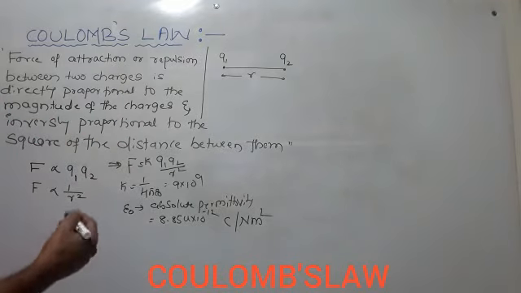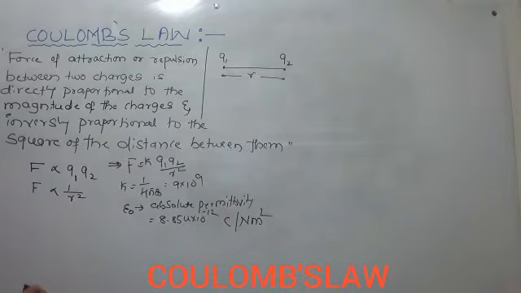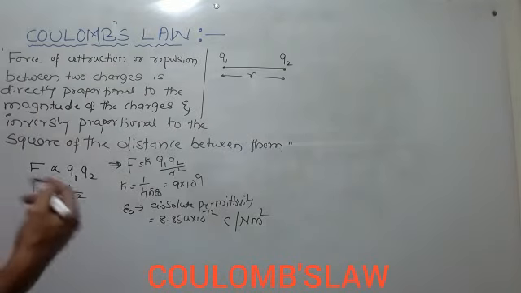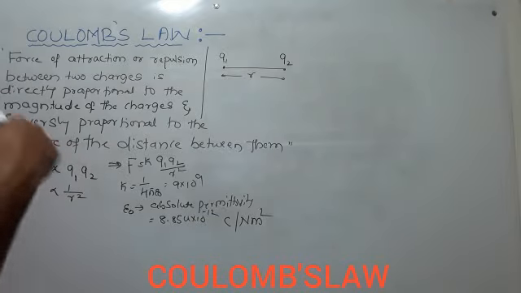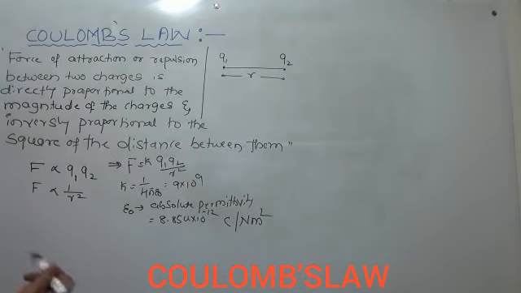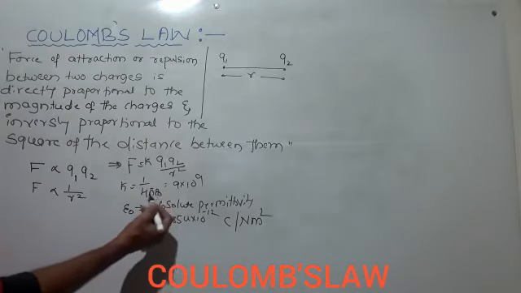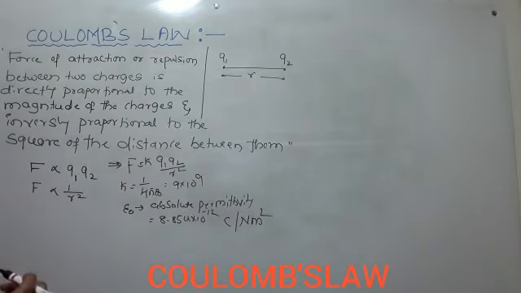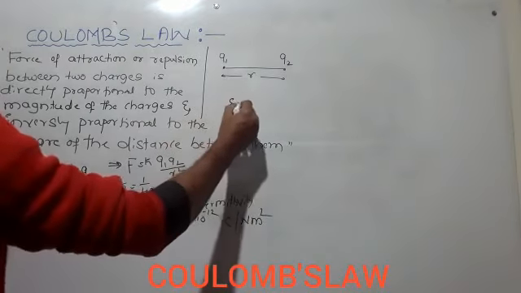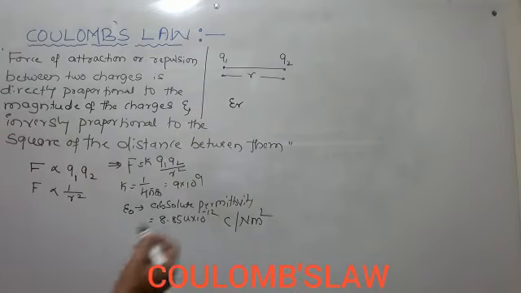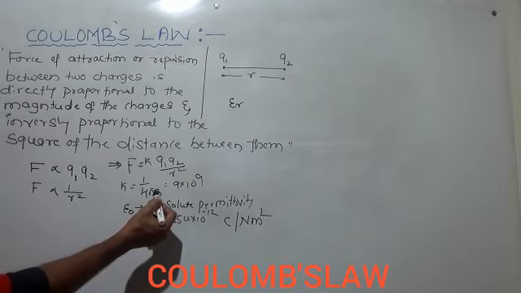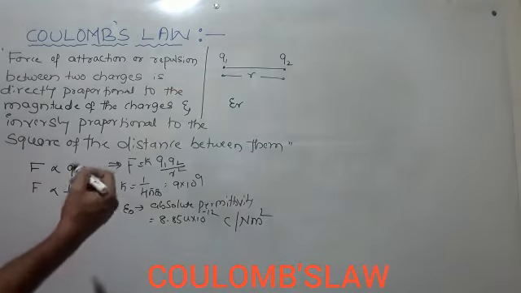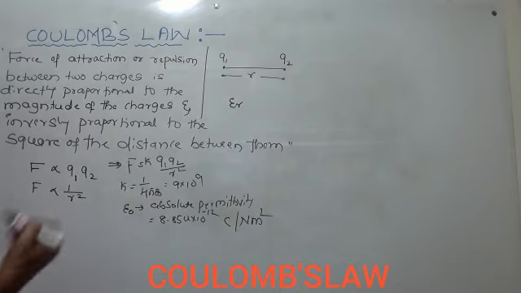If there is any other medium rather than air, say for example other gases like CO2, or another medium like water or oil, then along with this absolute permittivity, you have to introduce the relative permittivity, that is epsilon r. So if there is a medium, then along with epsilon naught, epsilon r should be here.